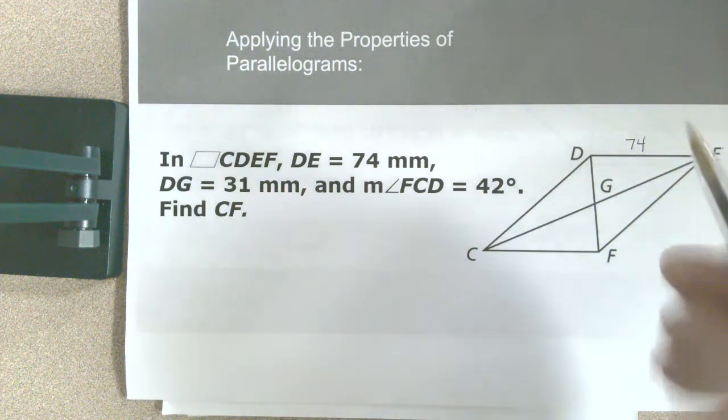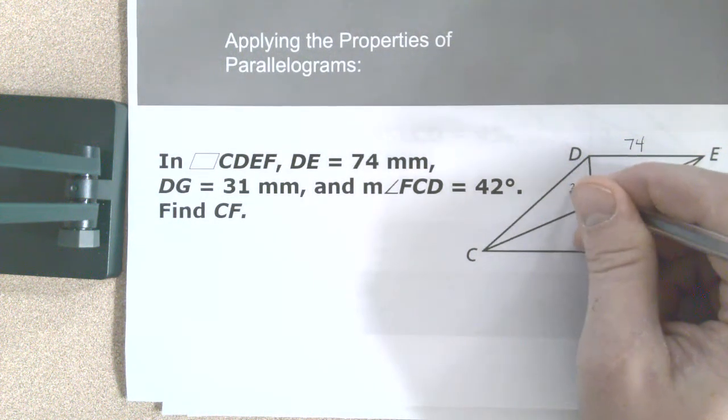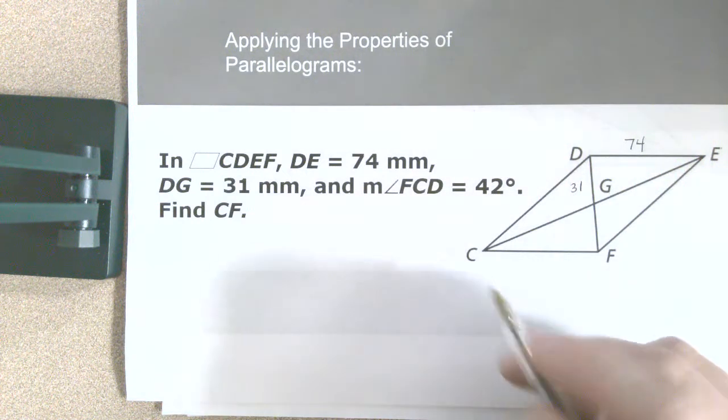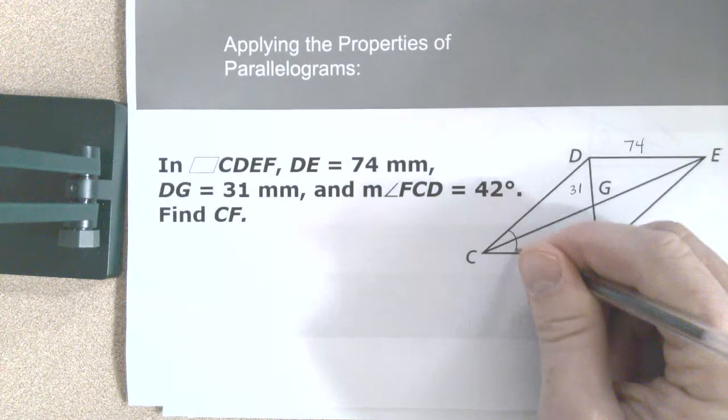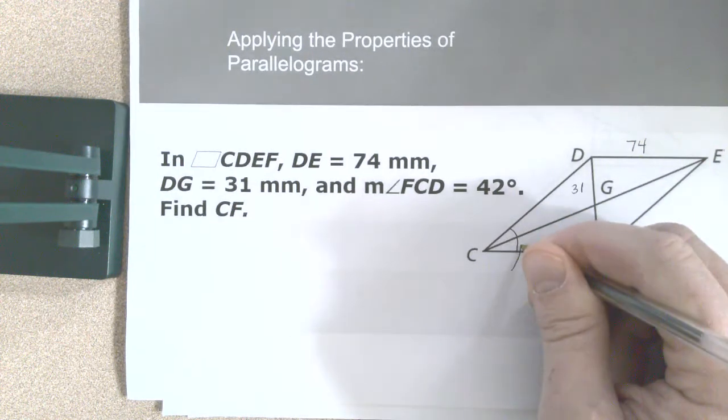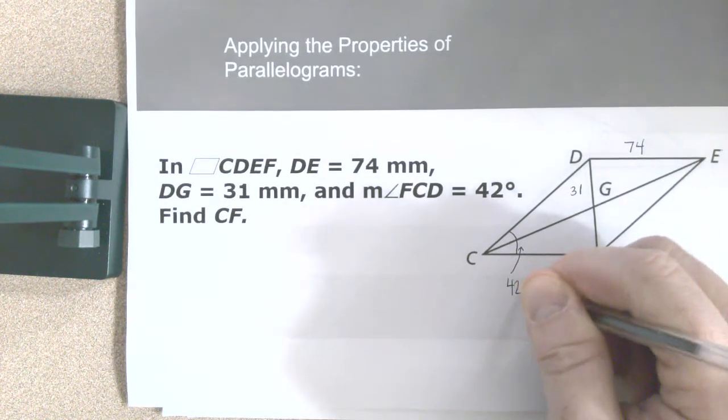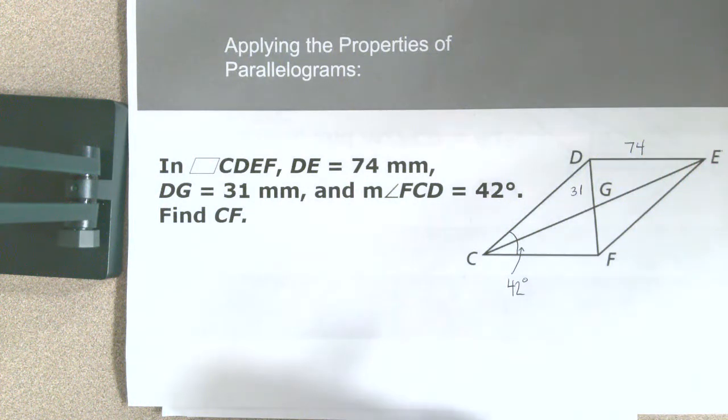We're saying that DG is 31 millimeters, and we're saying that angle FCD is 42 degrees. So that angle is 42, and they want us to find the measure of side CF.